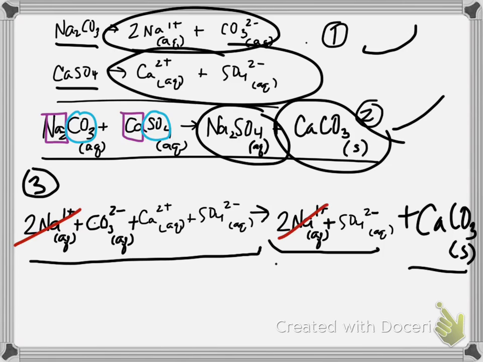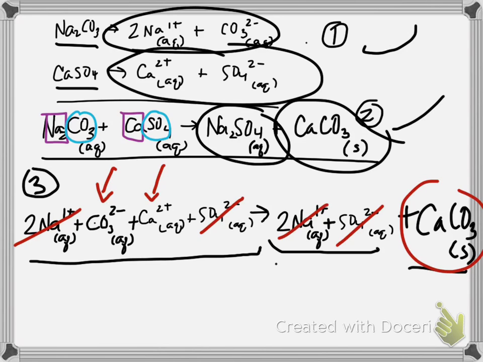Name me one other ion that didn't do a darn thing. It's in the same form when we get done with it that it was in the beginning. Sulfate? Yep. Sulfate didn't do anything. So really the only ones that did stuff were our carbonate and calcium ions because they actually formed a compound.